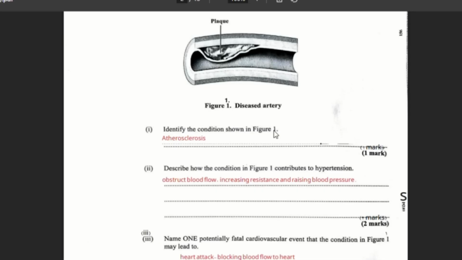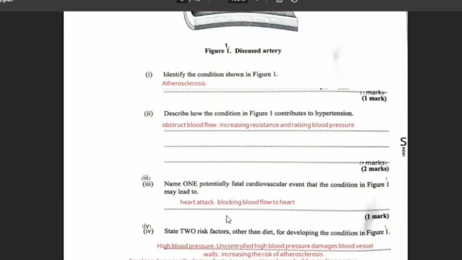So it's a blood vessel. It can lead to a heart attack because the blood that's supposed to leave the heart and go out is going to be blocked, and it can cause backflow. So it can lead to a heart attack if the blood is not flowing and regulating how it's supposed to. That is how that condition can lead to a heart attack for this diseased artery.